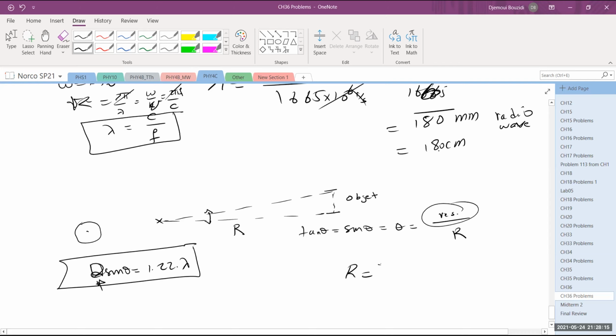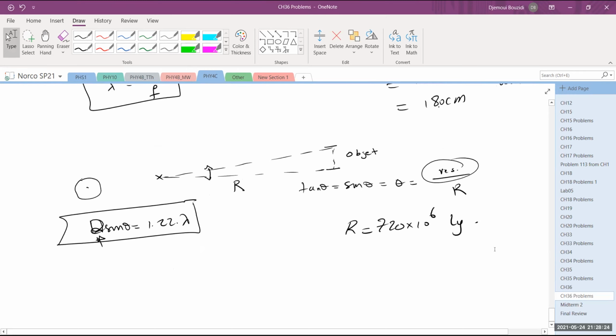So R is 720 million light years. Now we have everything.